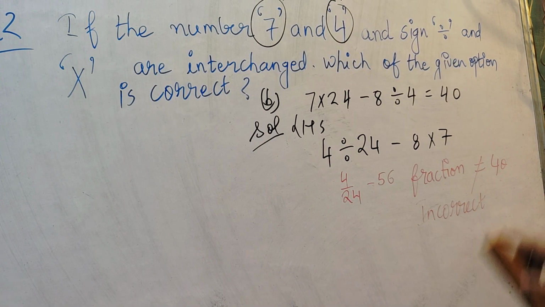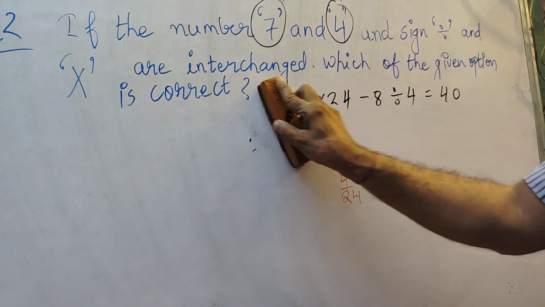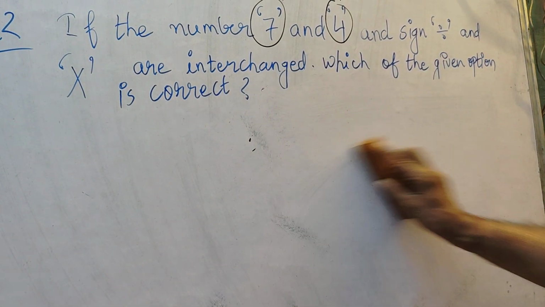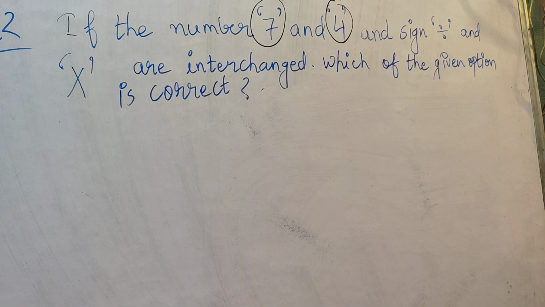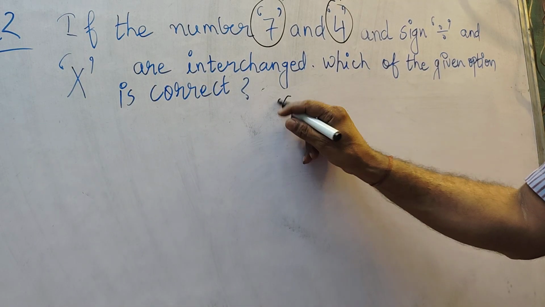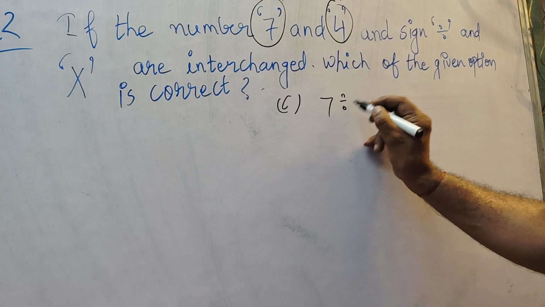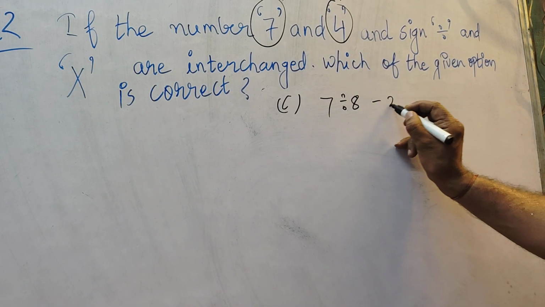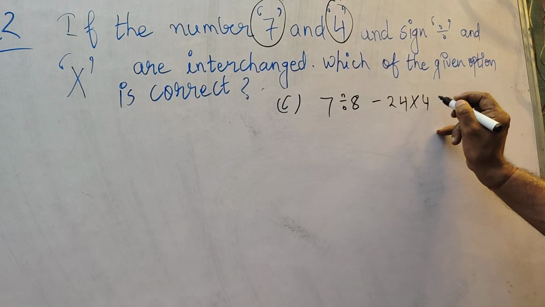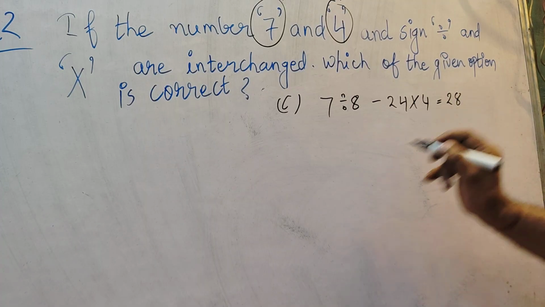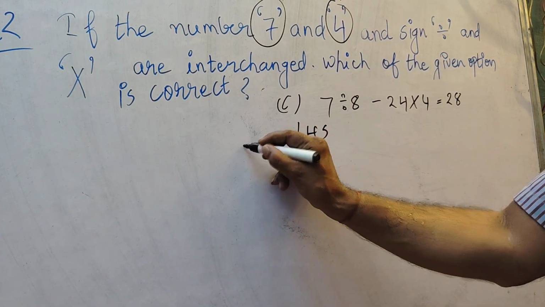Similarly C and D are also incorrect. We can still solve them for checking purpose. So C option is 7 divide 8 minus 24 multiply 4 equal to 28. So the left hand side we are solving.